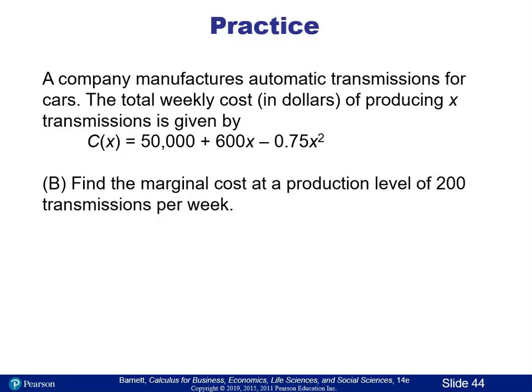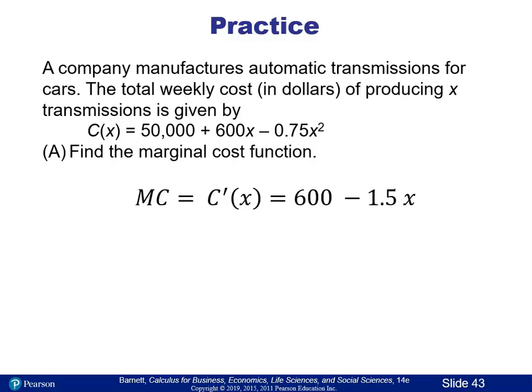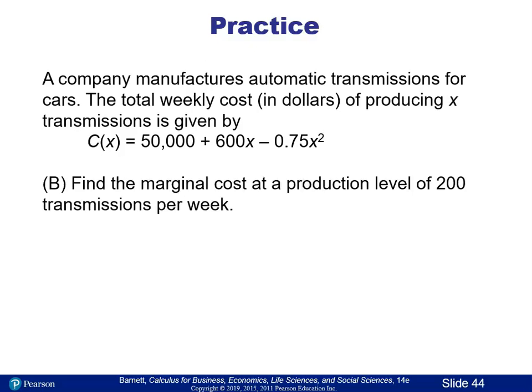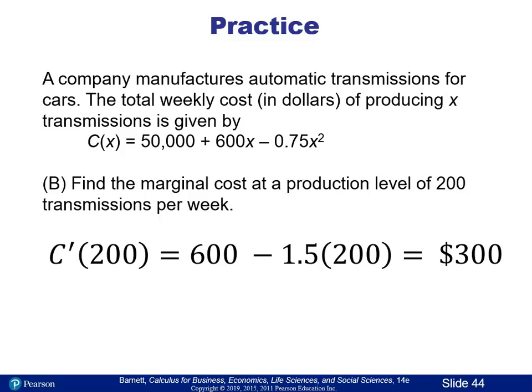Part B, find the marginal cost at a production level of 200 transmissions per week. We take the marginal cost that we found and plug 200 into that, and we find that our marginal cost is $300 per week.